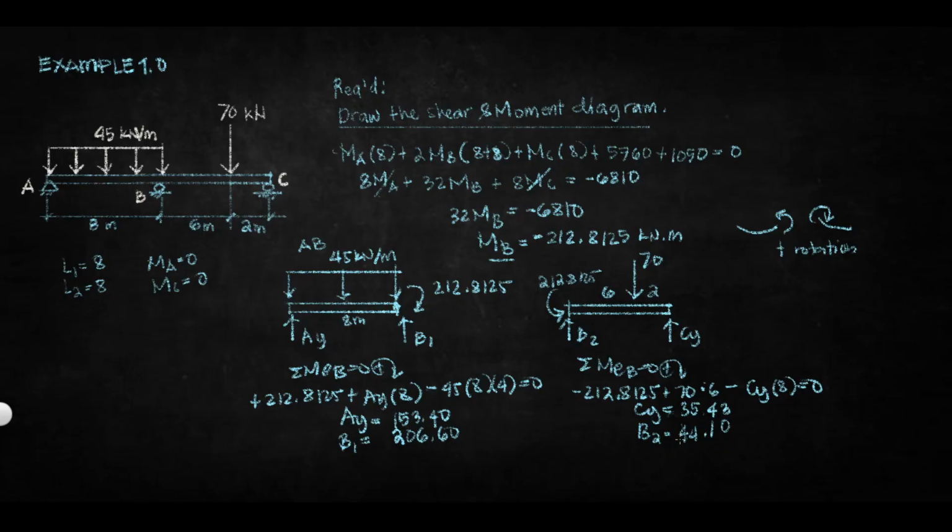Baka may mali, no? Kumita ko sa B. So, negative yan. And then, positive. And then, negative. So, ulitin ko po. Negative 212.8125 plus 70 times 6 minus 8.